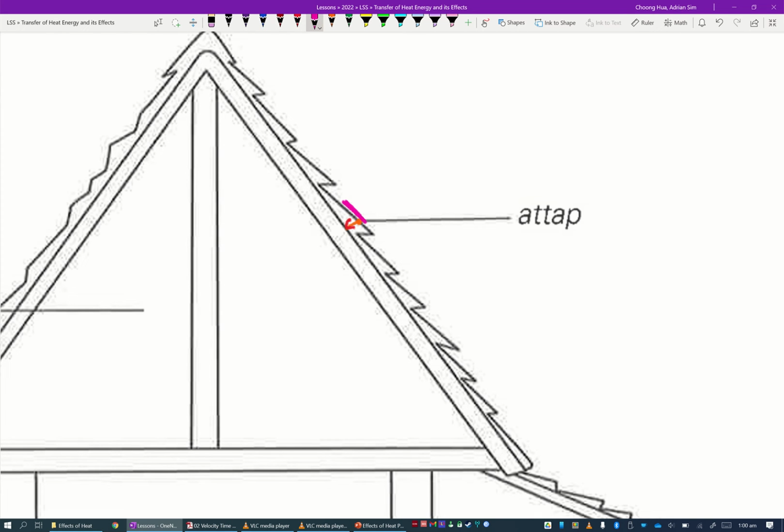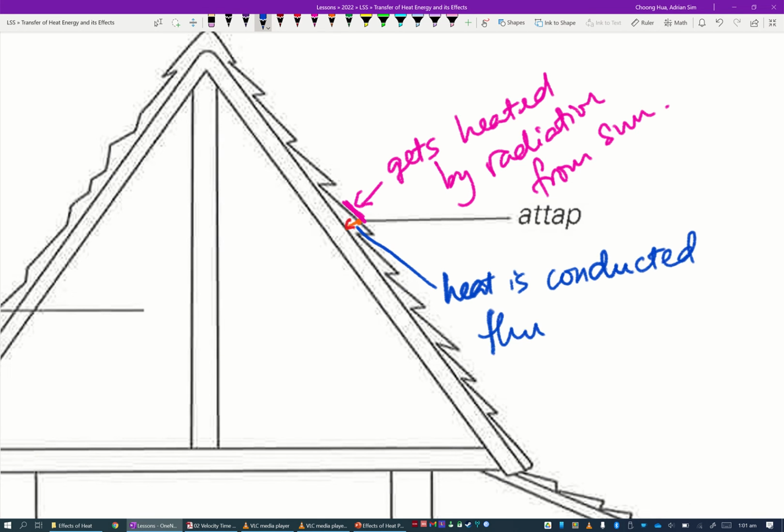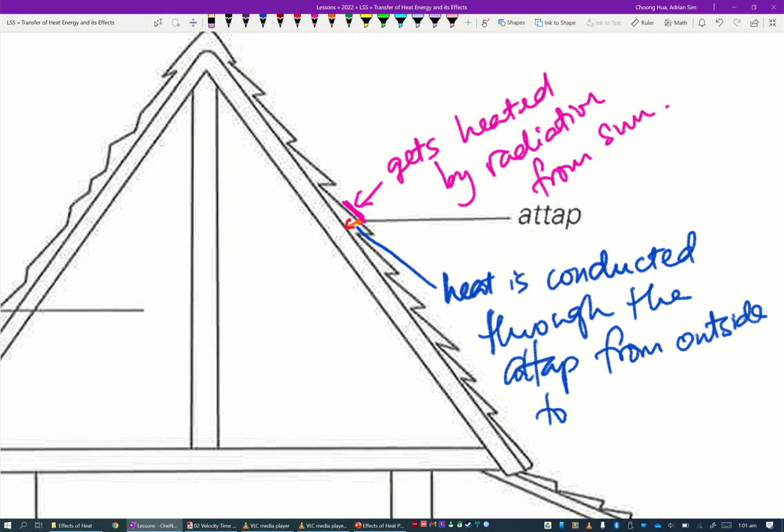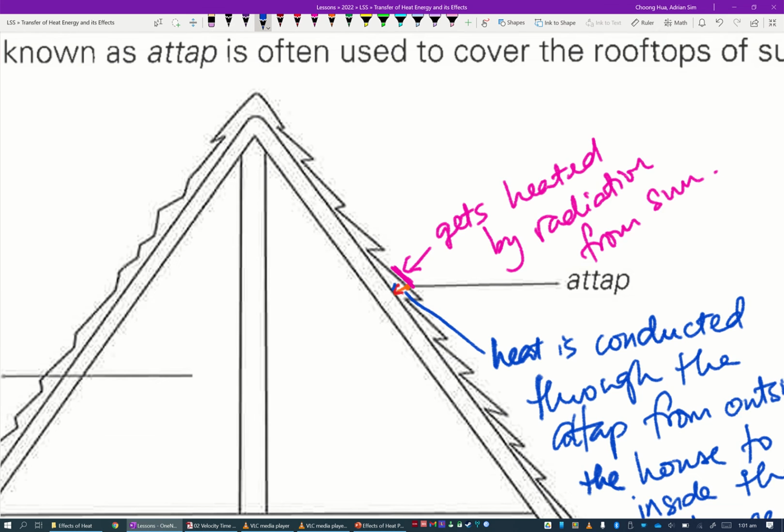So note, this side here gets heated by radiation from the sun, and here, the inside, heat is conducted through the Attap from outside the house to inside the house, as shown by the arrow that I've drawn here.